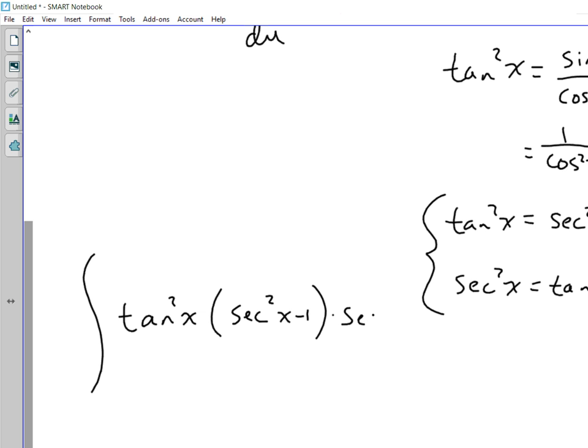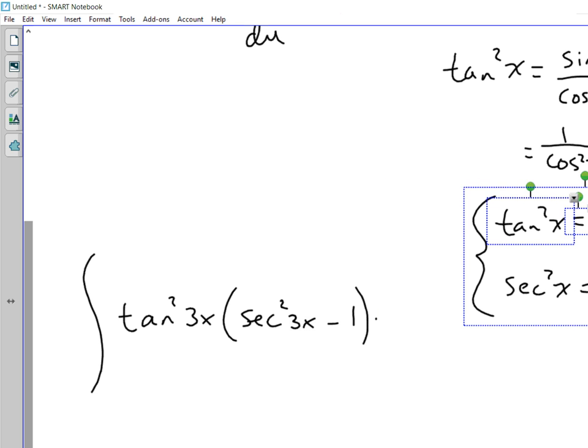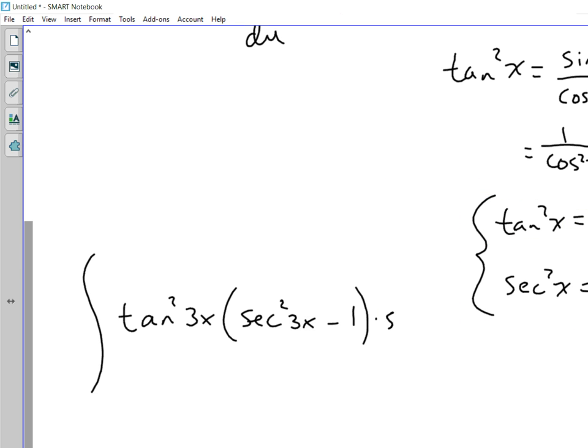And we still had secant to the third x, right? Okay.